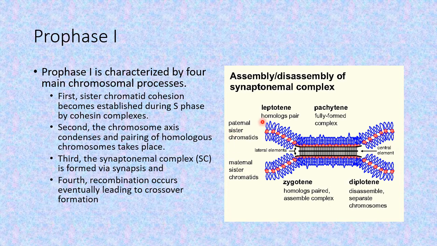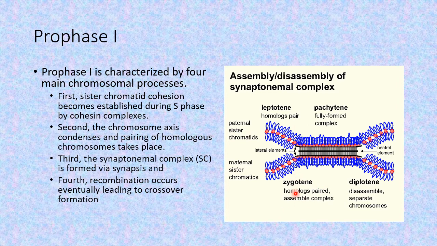Now, if we consider these various stages, during leptotene, when we say thin thread-like stage, the homologous chromosomes come near each other and they start pairing.